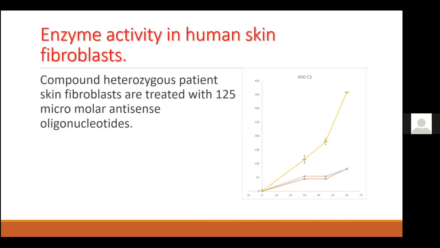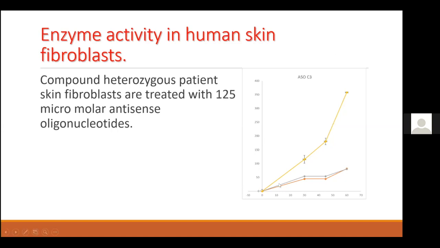Of course, the mouse model is just a tool. Our main purpose is to make sure that this enzyme activity is increased in human cells. We design everything based on the human mutation, and we knocked the human mutation into the mouse. And now we have human fibroblast cell lines on which we can also test the antisense oligonucleotide.